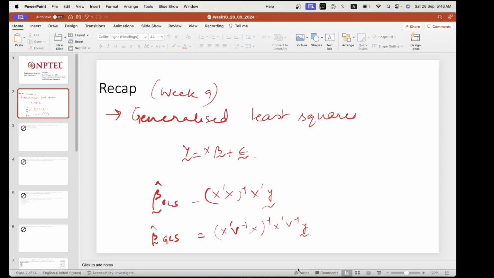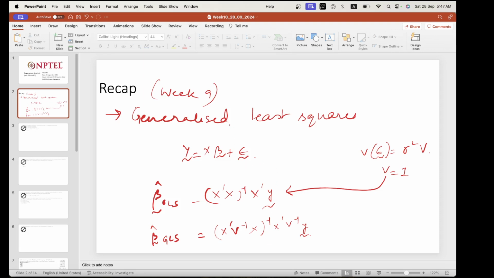So this is something that we learned. So what was V? Variance of epsilon is sigma square V. So if V equal to I, that is all variances are equal, we actually land up at the OLS model.